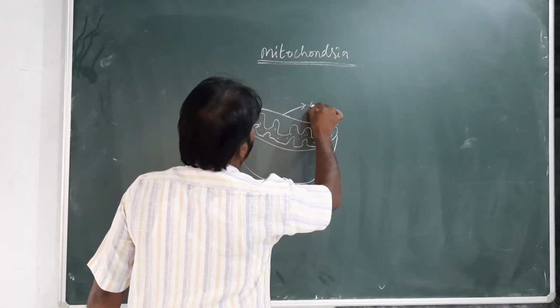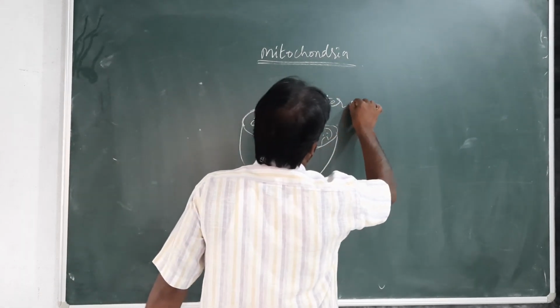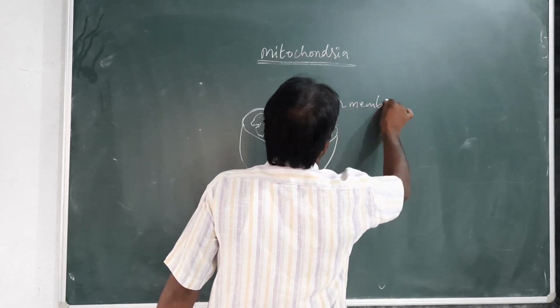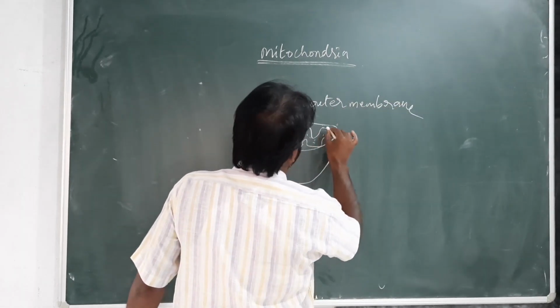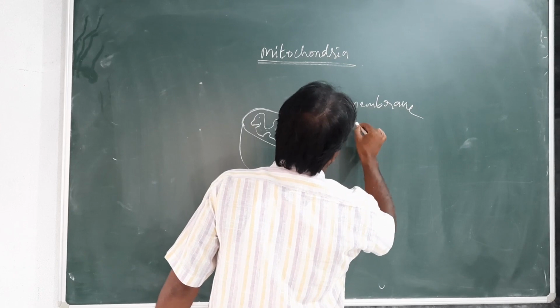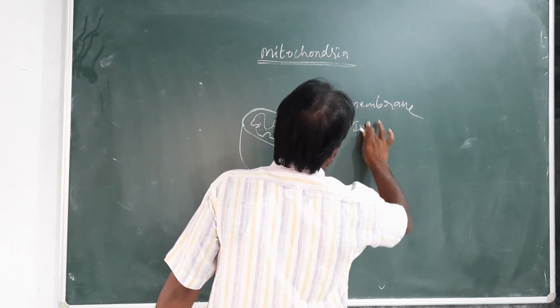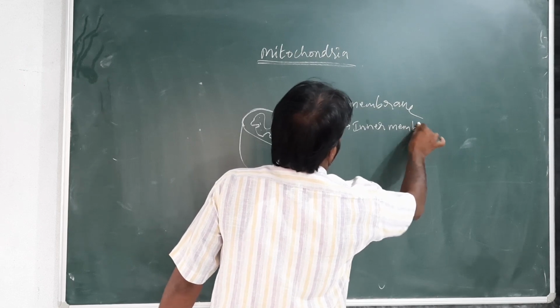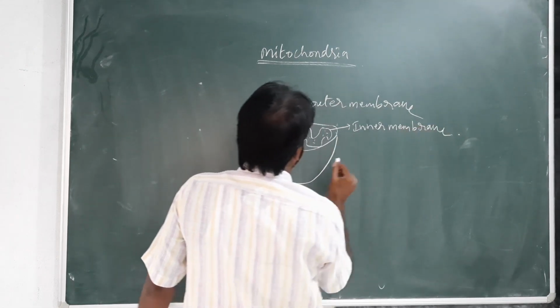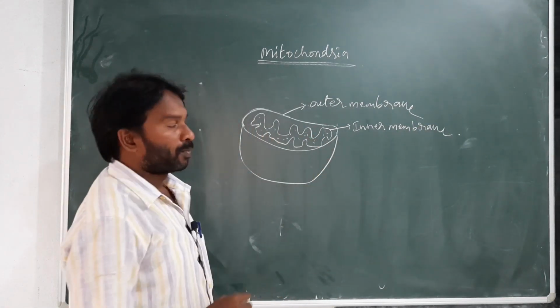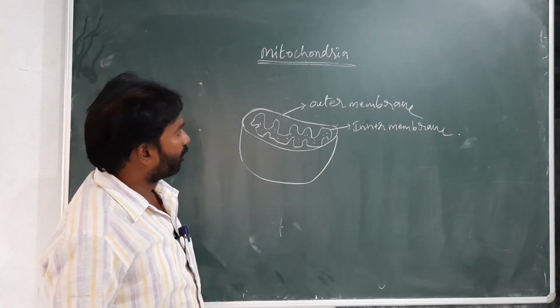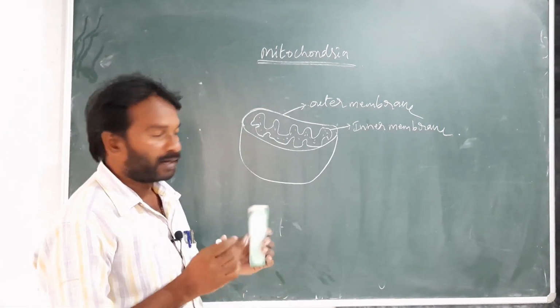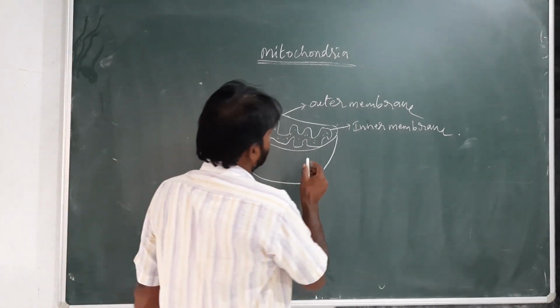This is the outer membrane. Next, this is the inner membrane. The inner membrane shows some folds that protrude inward.